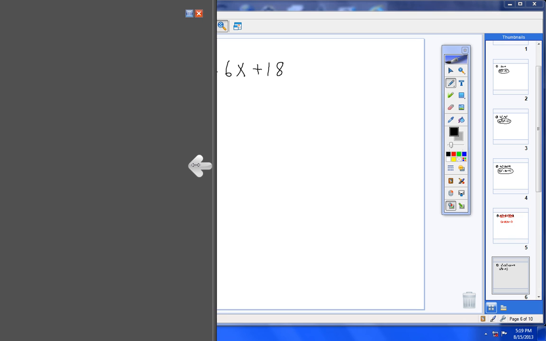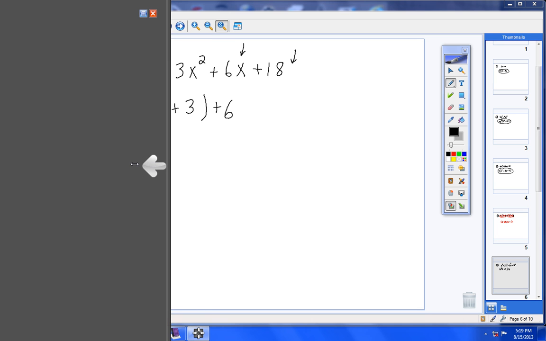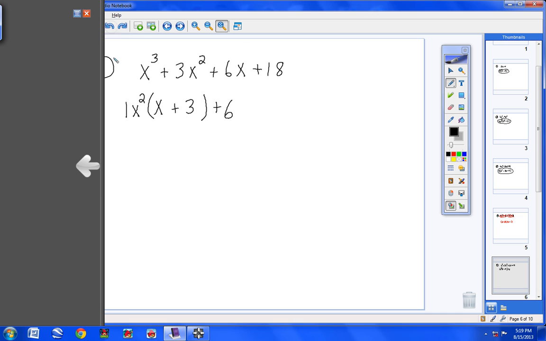We have a positive sign, so we're going to pull out a positive. And now I have a 6 and 18. What's the biggest number that goes into 6 and 18? 6 is. Is there an x in this term? Yes. Is there an x in this term? No. So you cannot pull out an x from either term. You cannot do that.